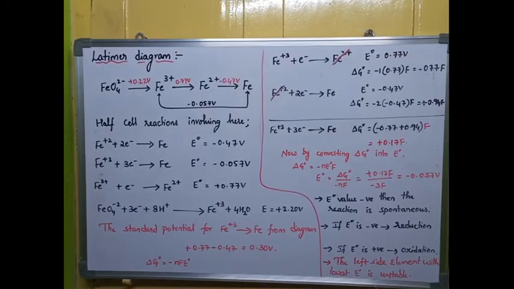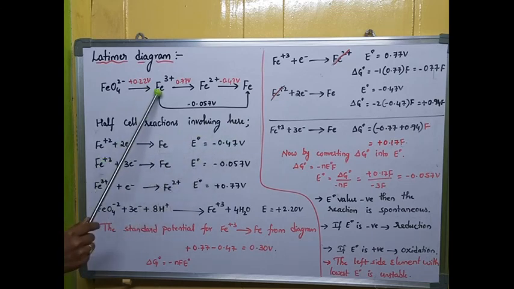Let us see the half cell reactions involved in this Latimer diagram. If you take this diagram, various reactions are taking place. To convert Fe2+ to Fe, it requires 2 electrons. I added 2 electrons and converted into Fe. It requires this E0 value, minus 0.47 volts.